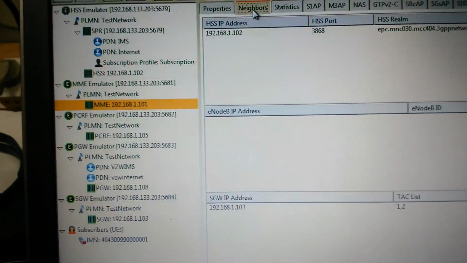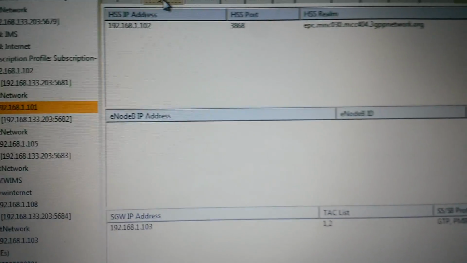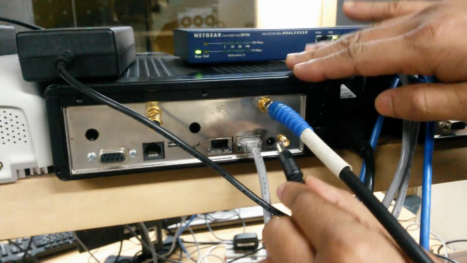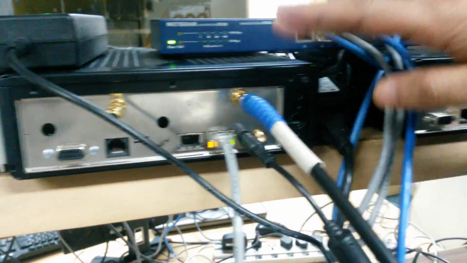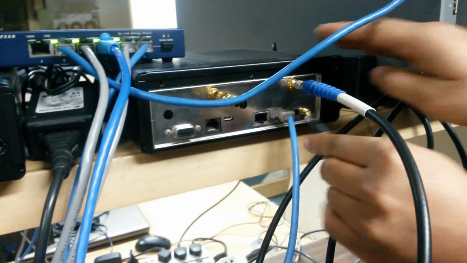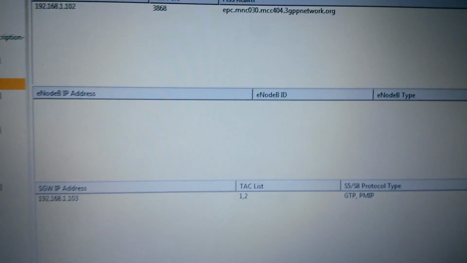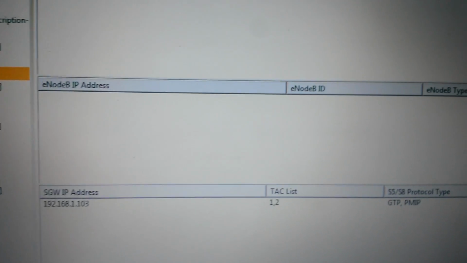Right now the two eNodeBs are powered off, so we don't see any eNodeBs connected in the network. What we're going to do now is, to begin with, power on the eNodeBs. In about a minute, you will see the two eNodeBs get connected to the EPC.